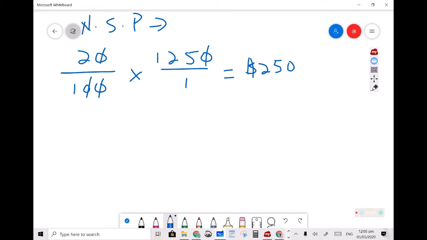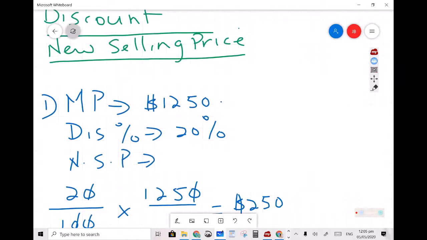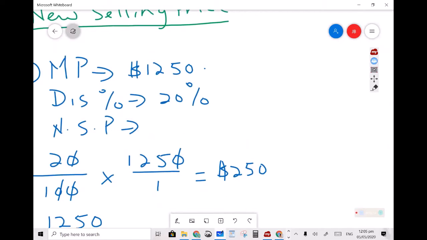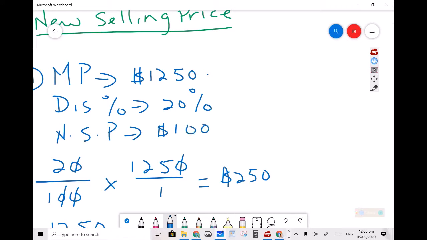This will not be our final answer. We would have to subtract it from our marked price. So our marked price was $12.50. That was the original cost, and our discount is $2.50. So therefore, our new selling price would be $10.00.